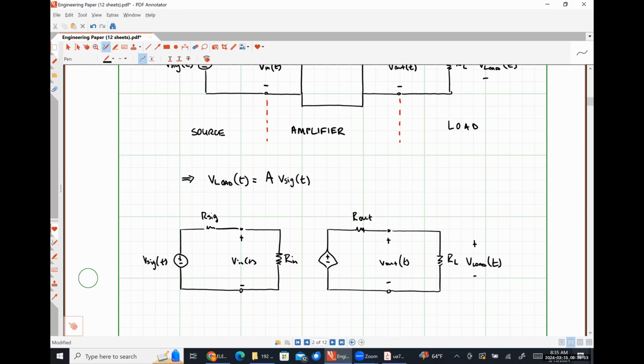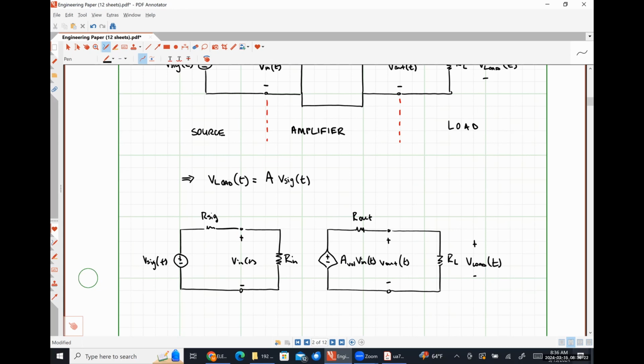So that dependent source is going to have a value of what's called AVOL, the open loop voltage gain, times whatever input signal we see across the terminals of our amplifier.